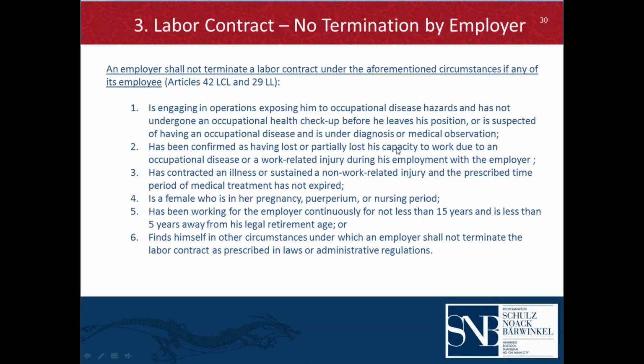But there are some exceptions where the employer cannot terminate the employment contract with notice, which are listed here on slide 13. For example, work-related illness or occupational disease of the employee. In this case, it is not allowed to terminate the labor contract, and also it is not allowed if the employee has lost partially or completely his capacity to work due to an occupational disease or work-related injury.